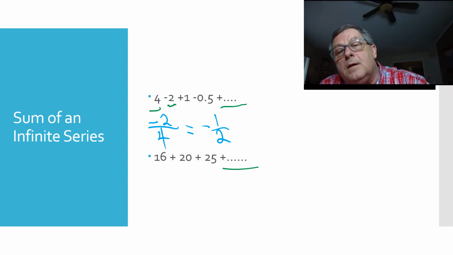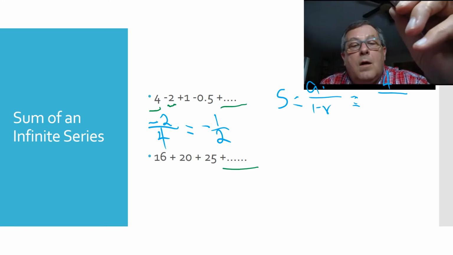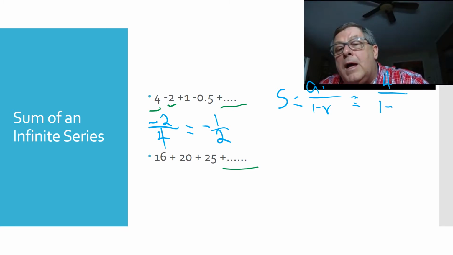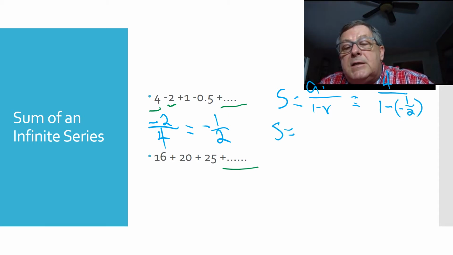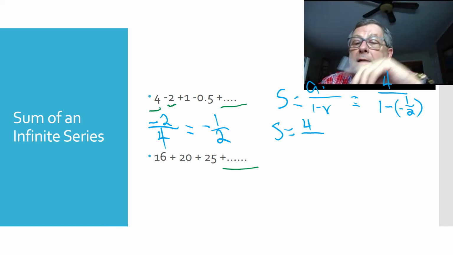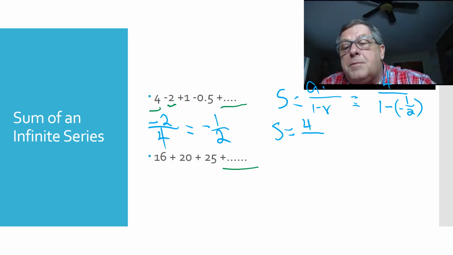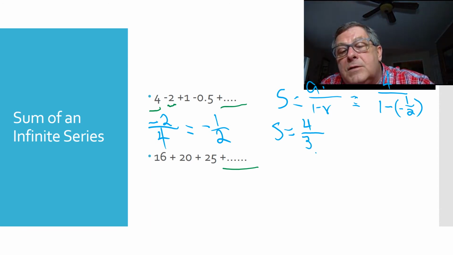Why don't we? So we've got S equals A1 over 1 minus R. Well, A1 equals 4. So I got 4 over 1 minus -1/2. All right, so let's see. So S is equal then to 4 over, well, 1 minus -1/2 is 1 plus 1/2, so that's 3/2.